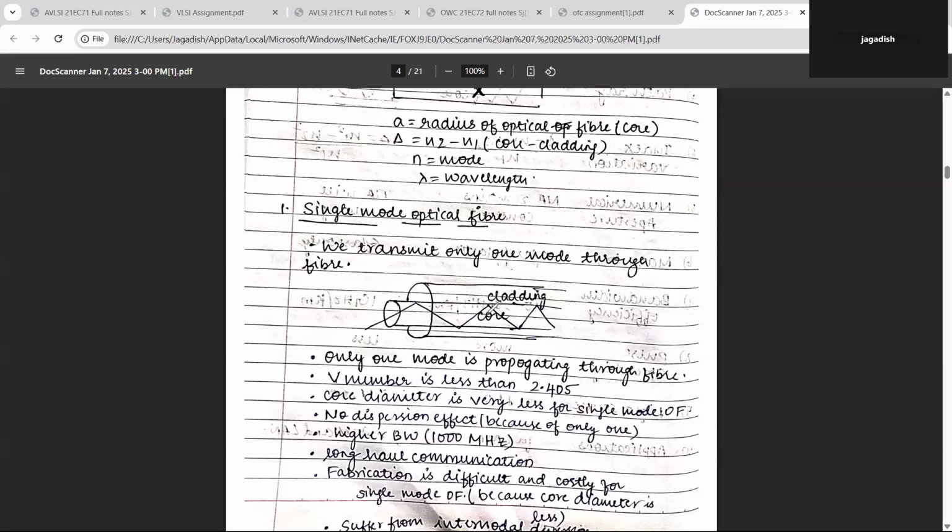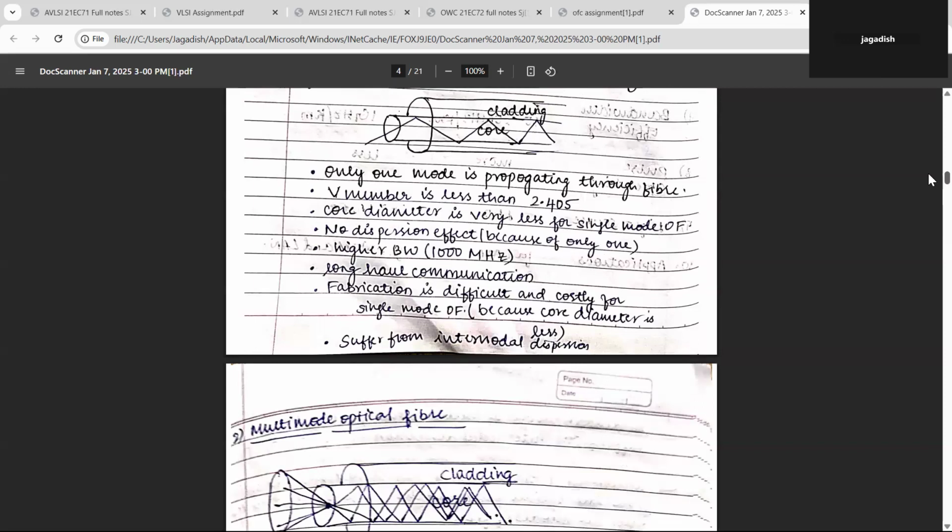Because the core diameter is small, it will be complex to do, and it will suffer from intramodal dispersion. I will teach what is intramodal dispersion. There are two types of dispersion: intramodal and intermodal dispersion. They asked in your exam what is intramodal dispersion and intermodal dispersion. Okay, that I will teach you.